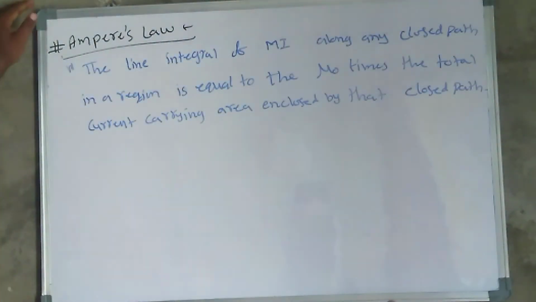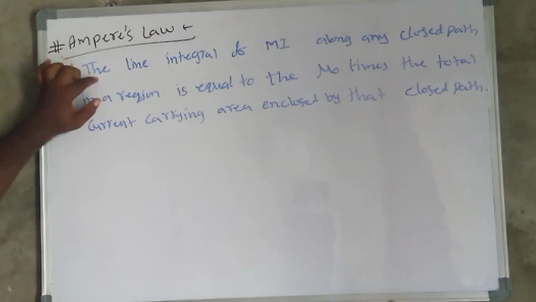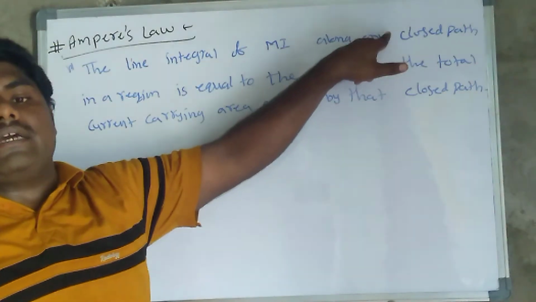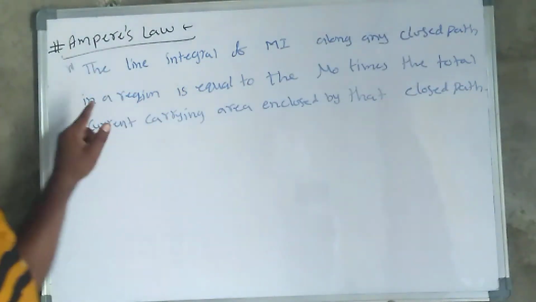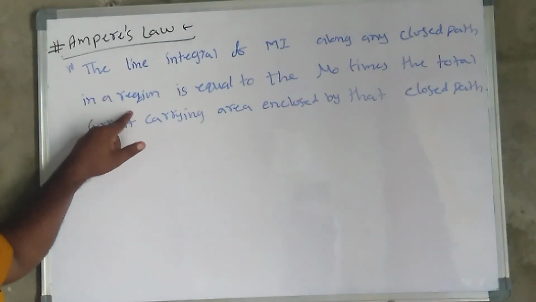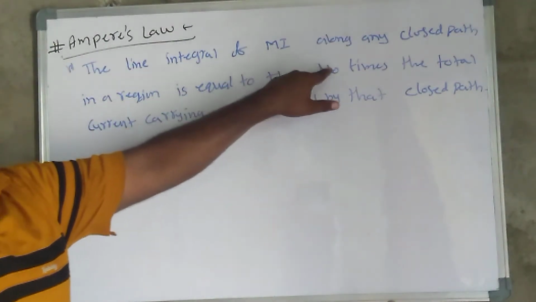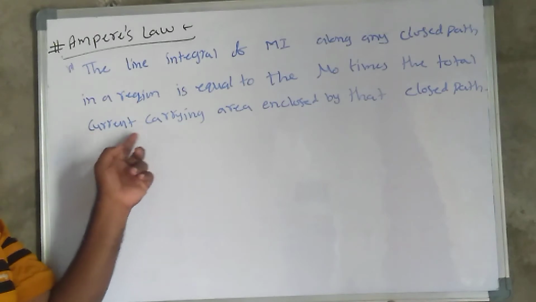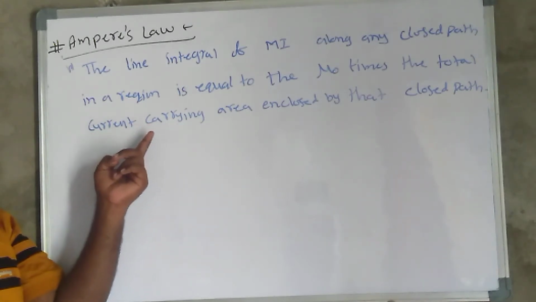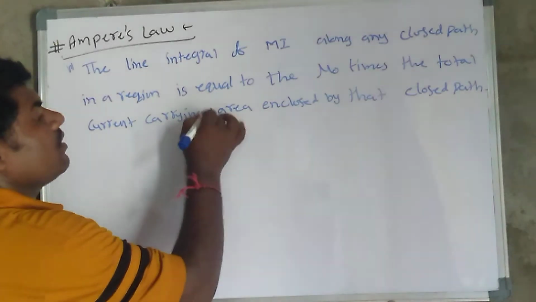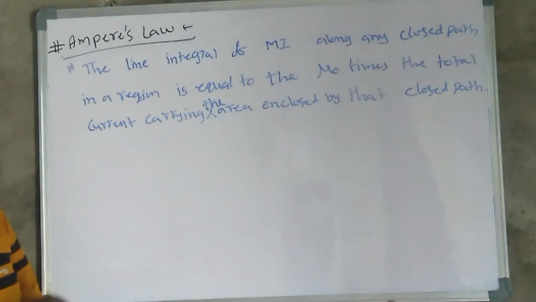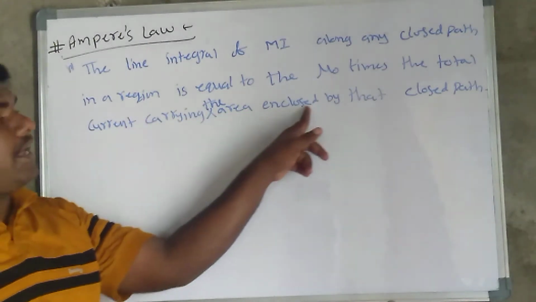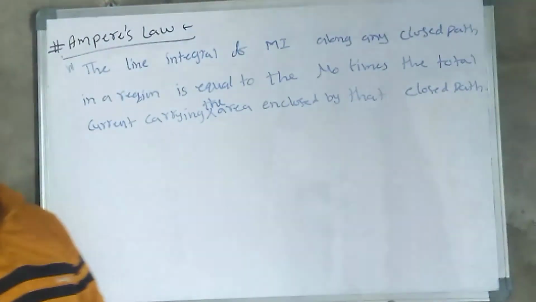This is called Ampere's law. So what is Ampere's law? The line integral of magnetic induction along any closed path in a region is equal to mu naught times the total current through the area enclosed by that closed path.